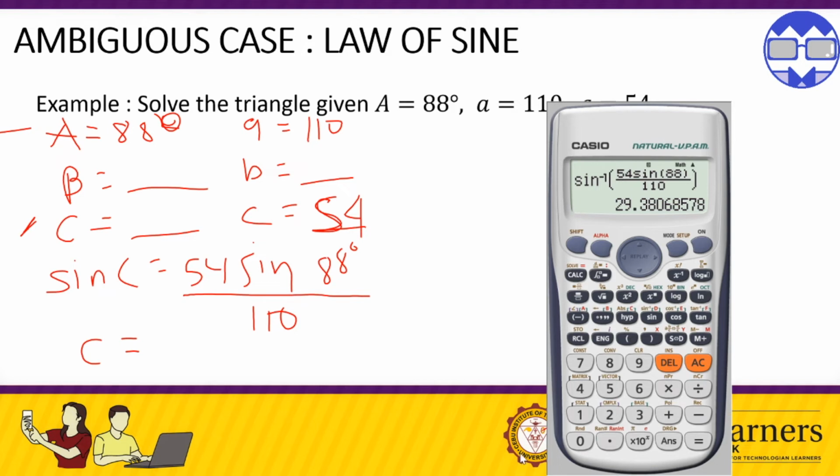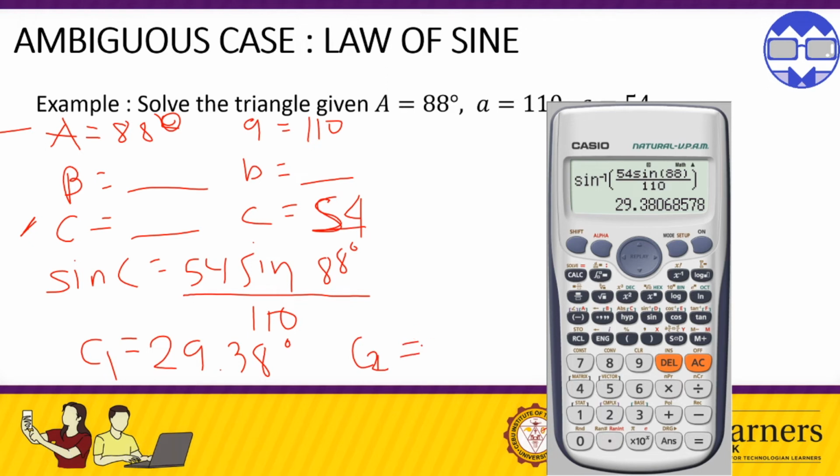I'll write 29.38 degrees. Take note that we can actually look for the other possible C. Let's say this is our C sub 1. So let's solve for C sub 2.